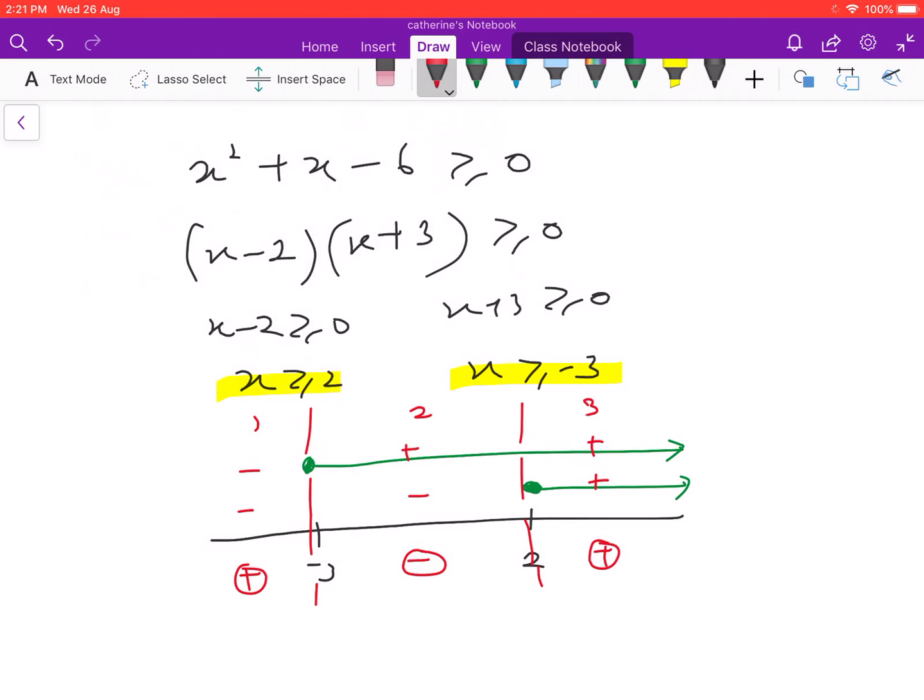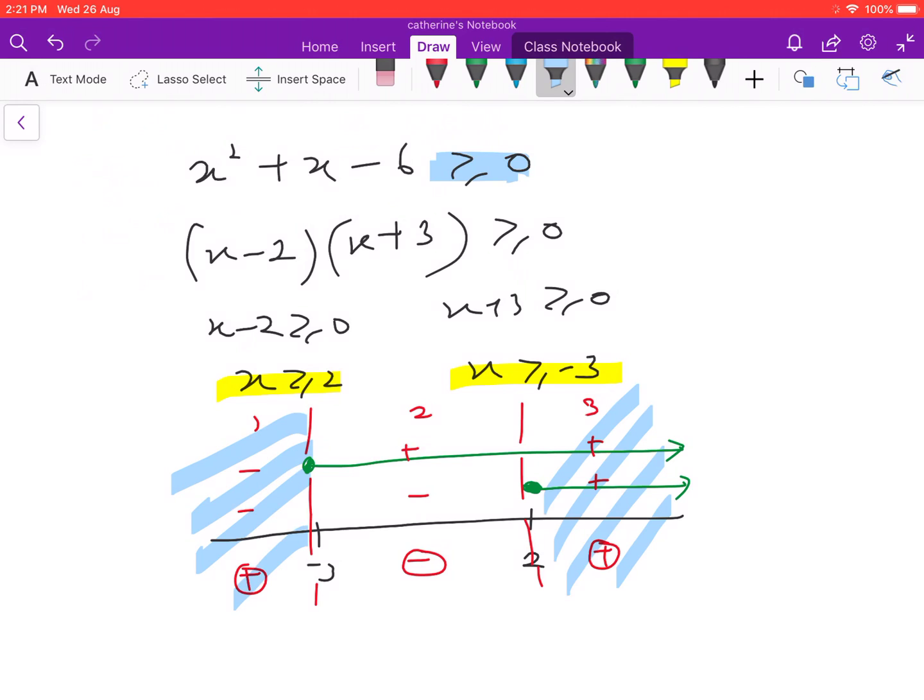So we have seen that the positive regions, as the question requested, will be this particular region and this particular region. Hence your answer will be x should be more than or equal to 2, and x should be less than or equal to negative 3.